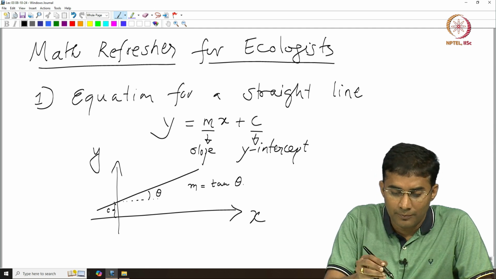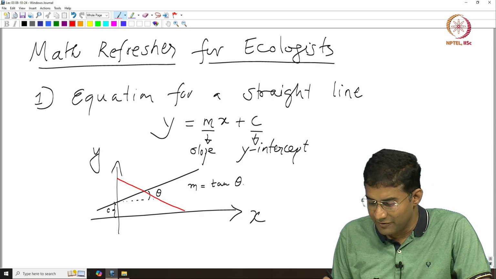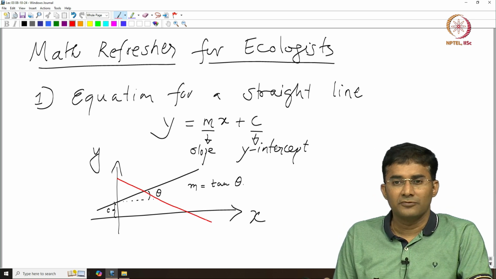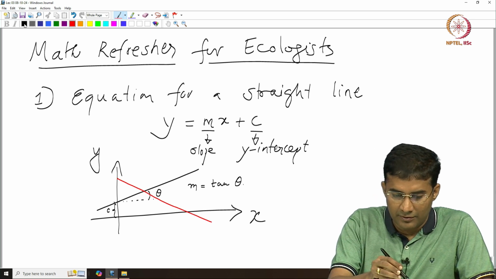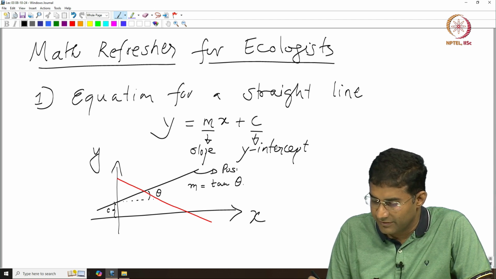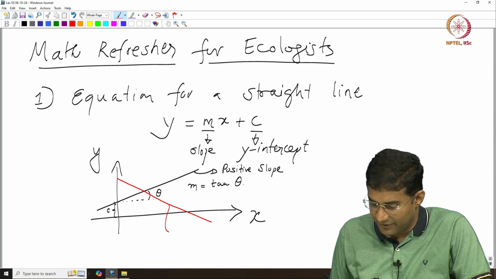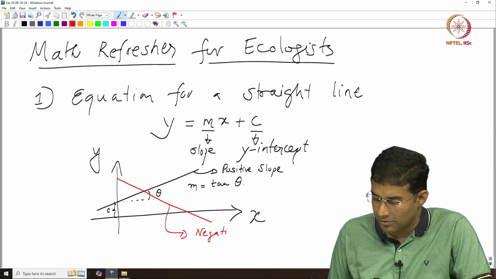It is also possible that in many instances we have a negative slope, in which case the equation would look like this. So whereas this is an example of a positive slope line, this would be an example of negative slope.